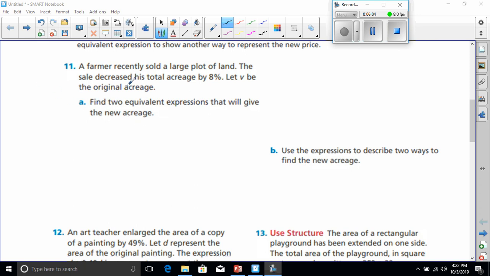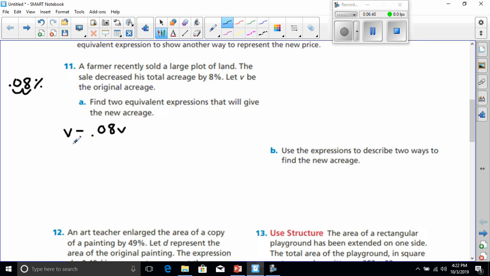Well, the first one I can think of is, because if I take any percent and I want to turn it to a decimal, I can move my decimal spot 2 spaces. So if we let V be his original acreage, that's V, and we have to minus 0.08V from that amount to get our answer, right?